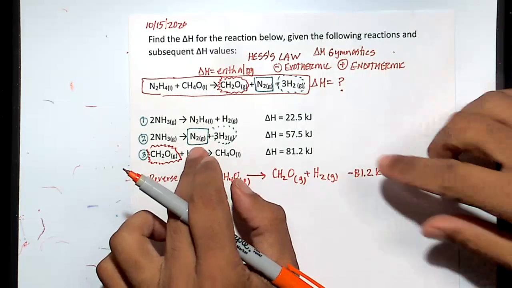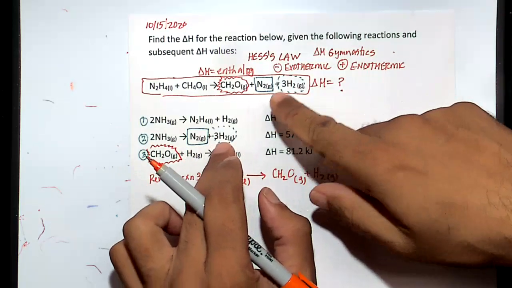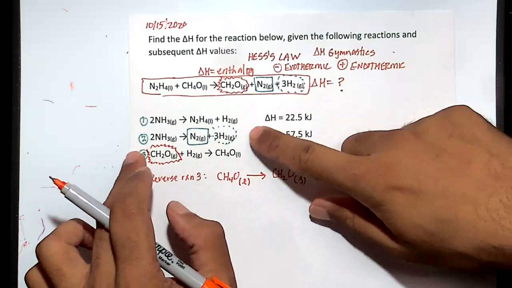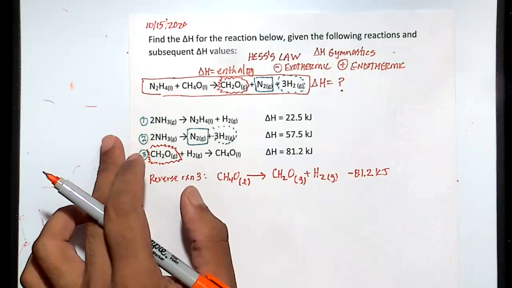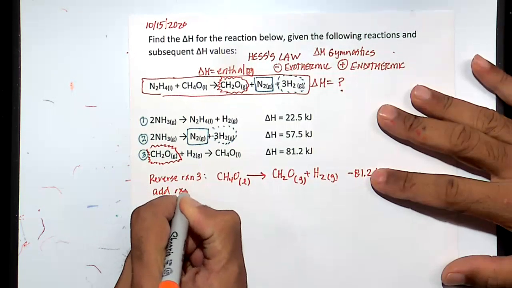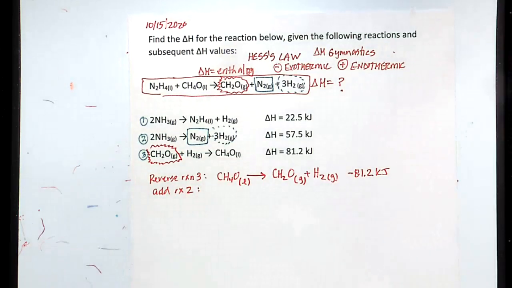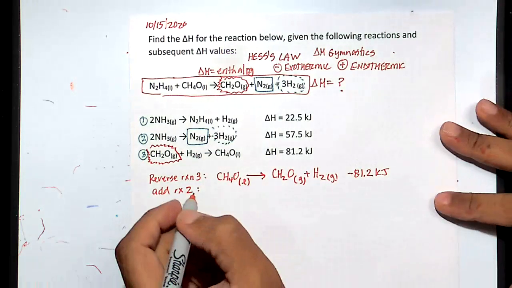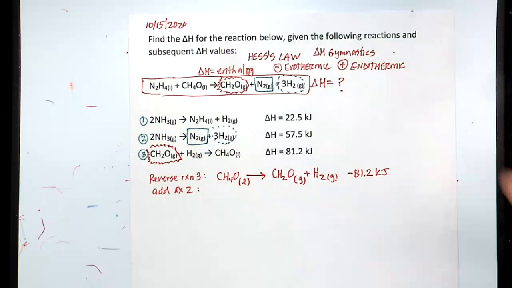Here, you notice the N2 is on the product side, the 3H2 is on the product side. So my second step is that I'm going to add reaction 2 without doing a thing, not a single thing to it. So let's just add reaction 2.